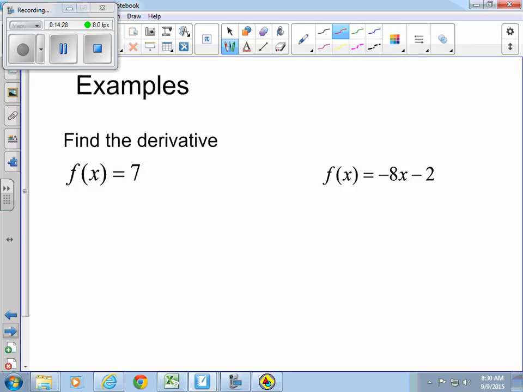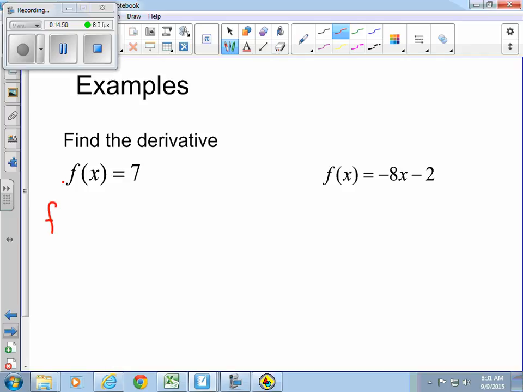So the first one. What is a derivative? The slope, right? What is this? What is f of x equals 7? A horizontal line. What better be our answer? What should the answer be? 0, right? Because the slope of a horizontal line is 0. So let's try it.